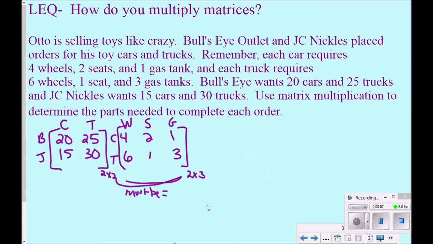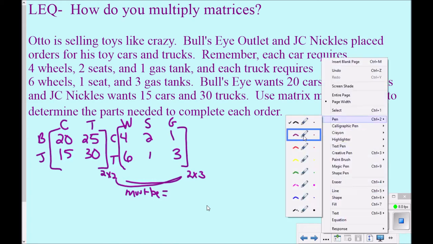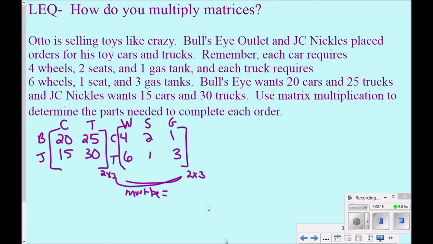So the other thing we want to talk about is we do have labels here. We have labels for the rows and labels for the columns. So that means I actually have a name for this matrix here on the left and this one on the right as well. So on the rows of the left matrix, I have stores. And on the columns of that left matrix, I have vehicles.